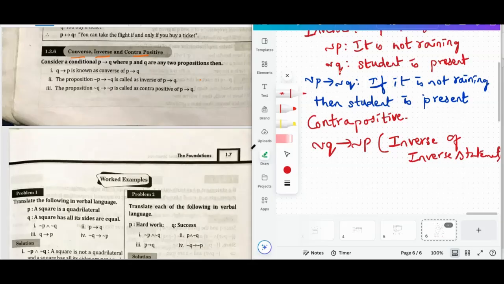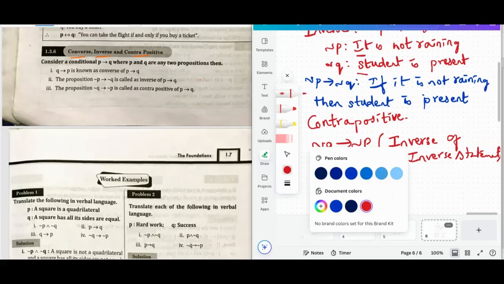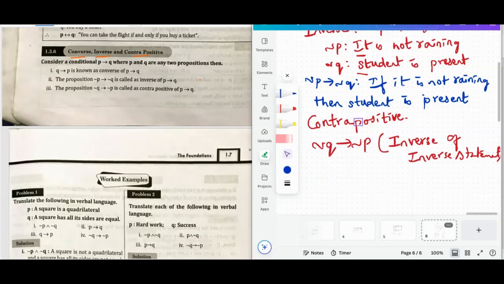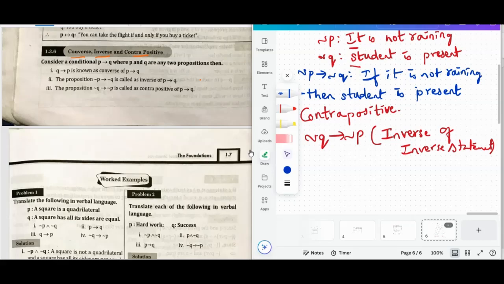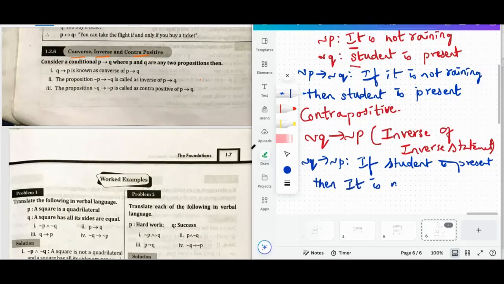So we have to write first Q and then P. Negation Q implies negation P will be: if student is present, then it is not raining.